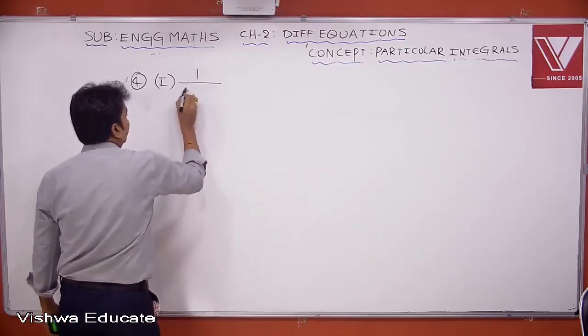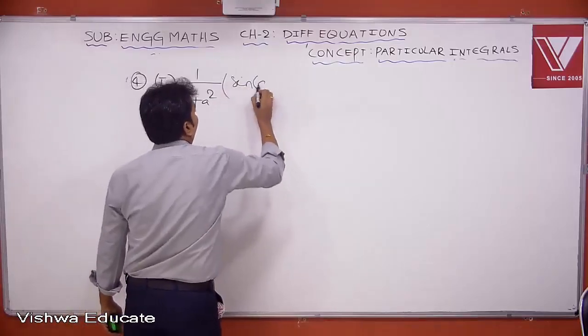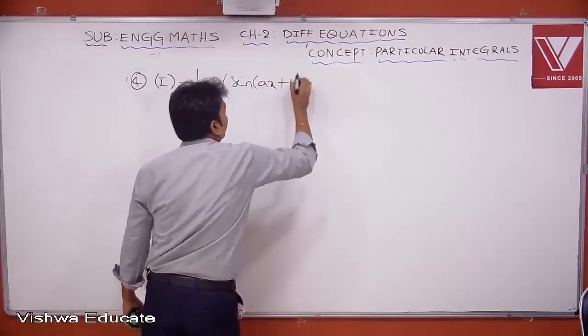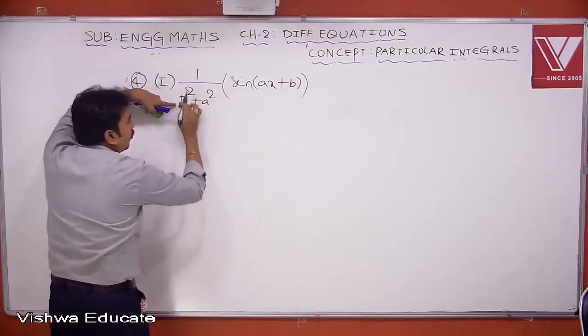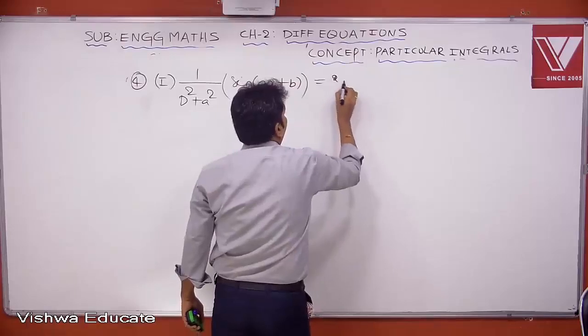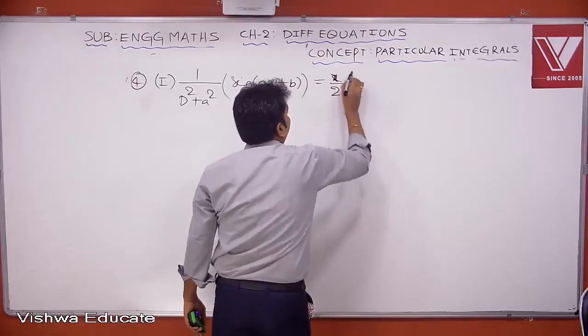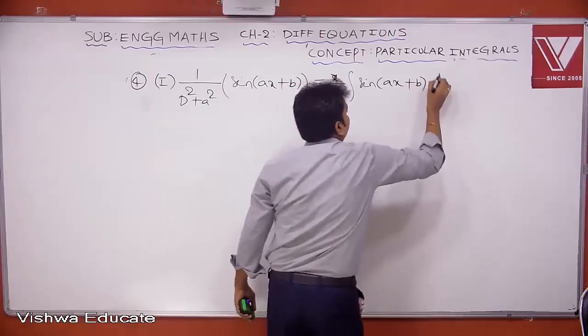One possible case is 1 by D square plus a square of sine of ax plus b. In this case, when D square is replaced by minus a square, the denominator gets 0. In that case my result will be x by 2 into the integral of sine of ax plus b dx.